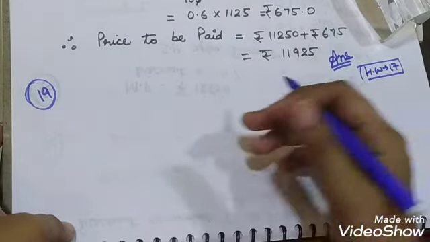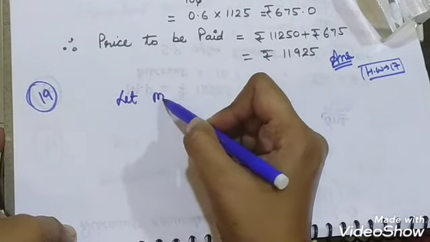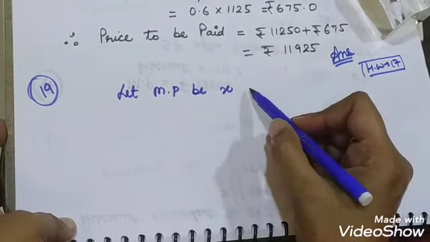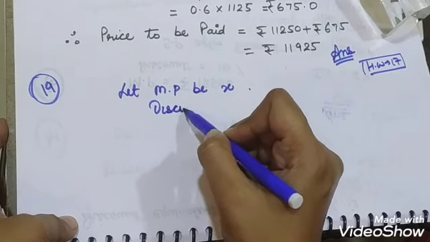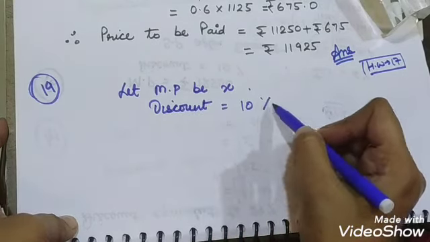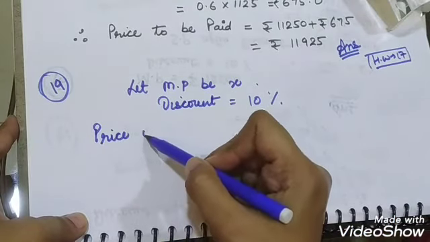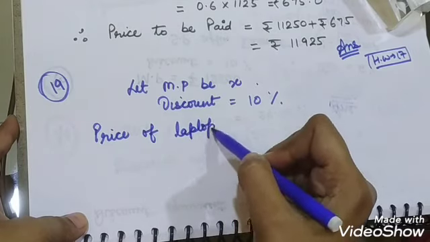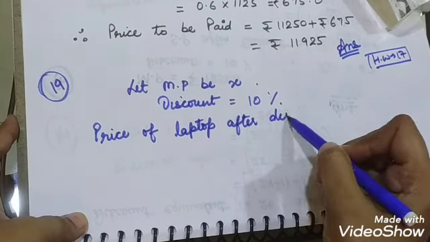So we suppose the marked price to be X. So let marked price be X. So when marked price is X and discount is 10%, we will write price of laptop after discount.